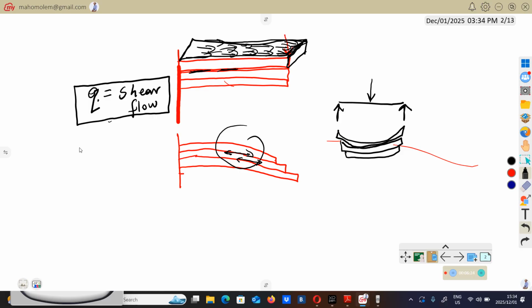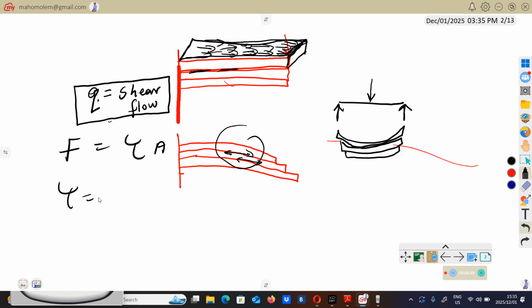To calculate this shear flow, you can just use the normal formula that you know, force equals shear stress multiplied by the area. We know how to calculate shear stress at any point from the previous lesson.